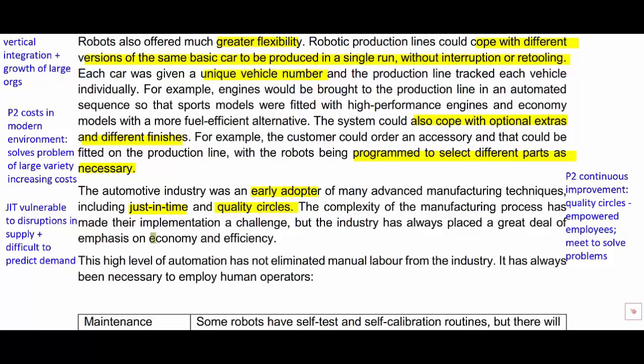And then we're told, of course, that the industry has always placed a very high emphasis on economy and efficiency. And you may remember that economy deals with the cost of inputs primarily, and efficiency is all about converting inputs into outputs in a timely manner, in a cost-effective manner.